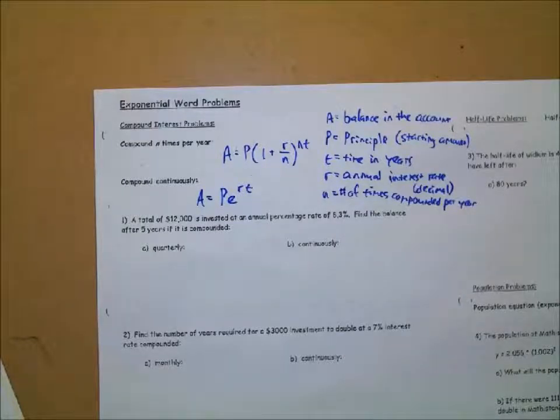So let's look through some example problems here. Number one: a total of $12,000 is invested at an annual percentage rate of 8.3%. Find the balance after 5 years if it is compounded quarterly and then also continuously. So, $12,000, we'll do it quarterly here.